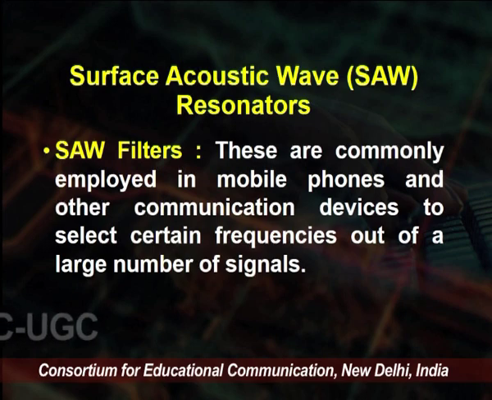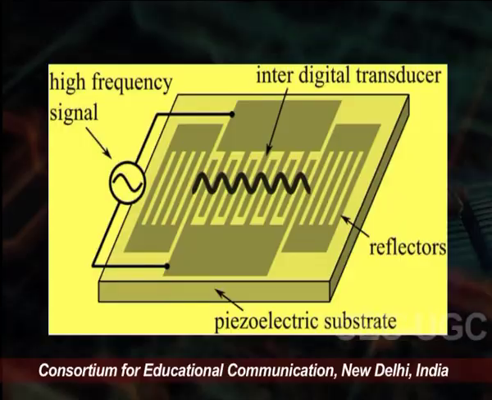So we can say this is the SAW type of resonator, the SAW filter. You see on the screen that we have various surfaces on which we get a high frequency signal, and in between we have a SAW like structure.